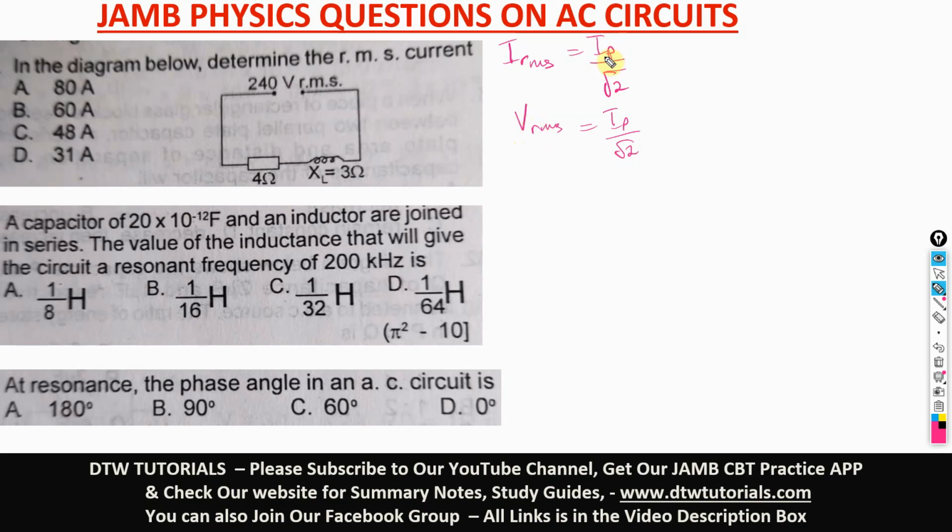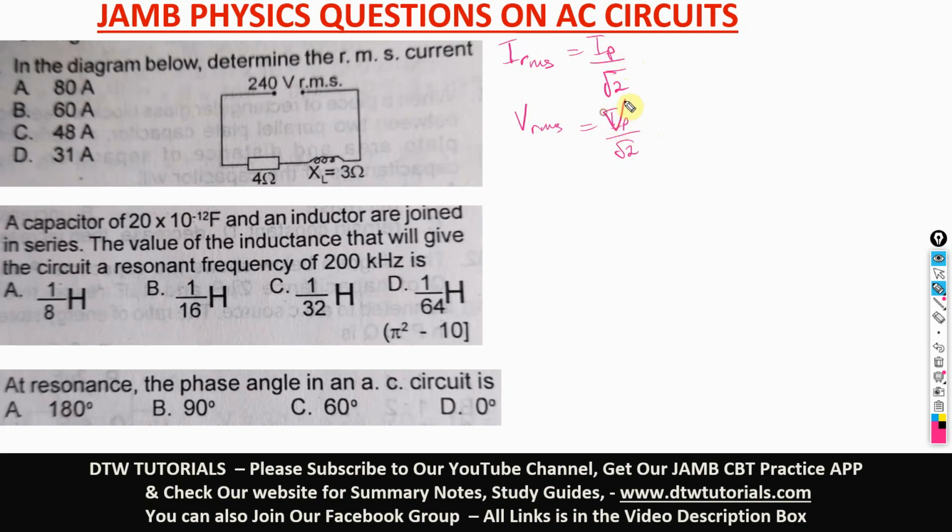Now, peak means the highest it can go. In Nigeria, the effective voltage we use is 240 volts, while the peak is 340 volts. So the values are different; there's a difference between RMS and peak. When you say Ip, it means the peak, the maximum current.